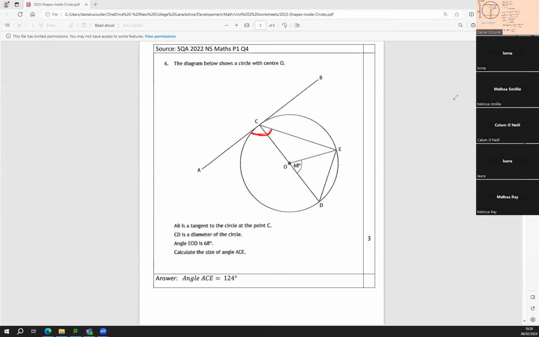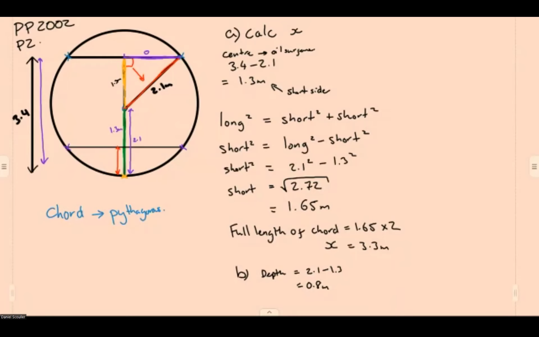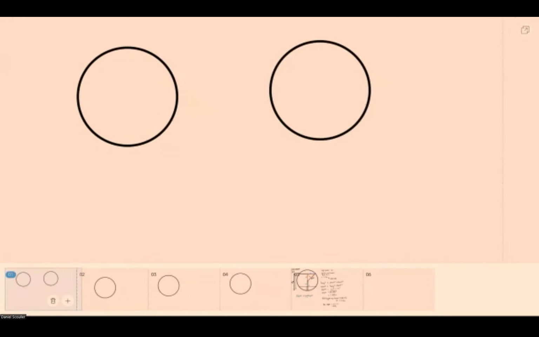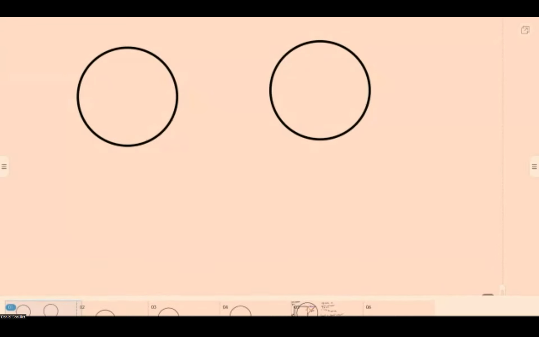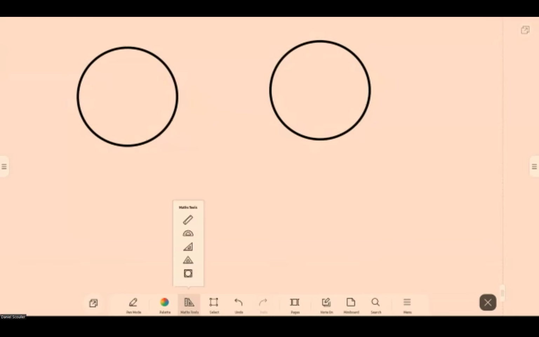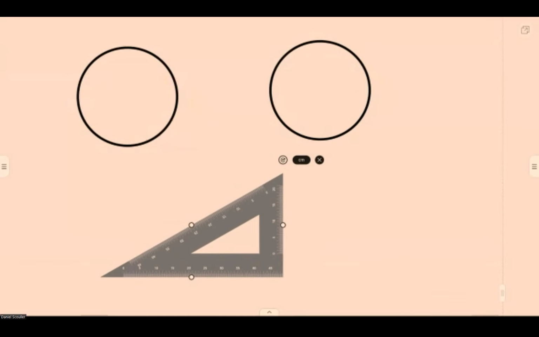Let's look at the rules that we need to allow us to figure this out. A couple of things.